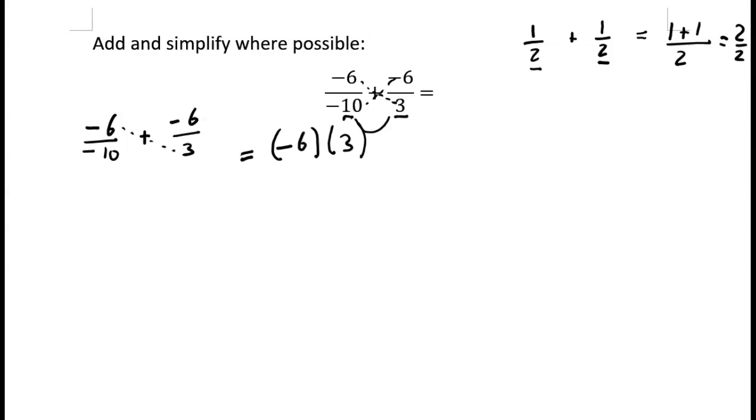So that's the first part of the kiss. Now we do the second part of the kiss, plus we have -6 times -10. So that's what we have in the numerator.